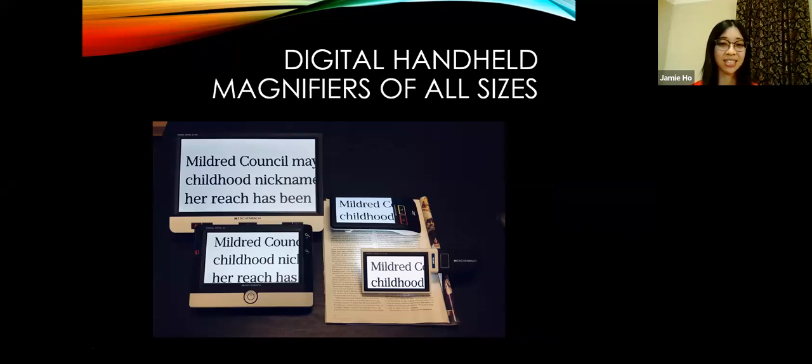This entire line I'm showing you is from Eschenbach, and you can see they have screens, digital magnifiers. This one's a few inches, this one's a little bit bigger, and it keeps getting bigger. All shapes and sizes. I look at portability. Some of my patients, women especially, want to find something that fits in their purse. So really, the sky's the limit right now. There's tons of magnifiers out there.